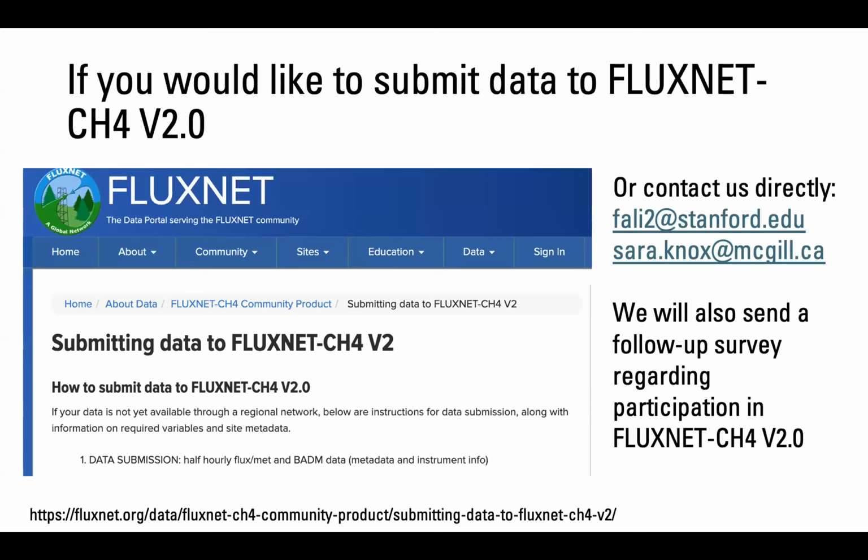Just a quick note, we're going to send out another follow-up survey for participation in FLUXNET Methane, and we're going to coordinate with the FLUXNET 2025 data initiative. But we want to try to streamline and help make this as easy as possible. And by the end of the tutorial today, you should have data in the format that you can upload to your regional network. That's what we're trying to build towards over the next day and a half.